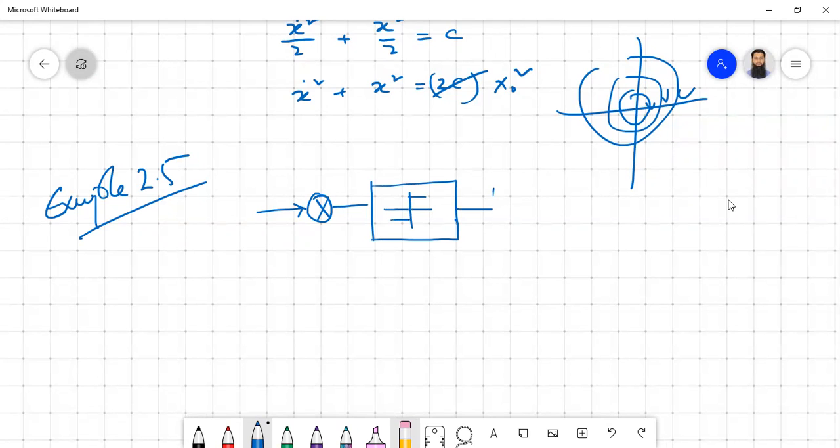Now you have 1 by p. Just for your ease, p here represents the same as the Laplace transform parameter. 1 by p is nothing but an integration.